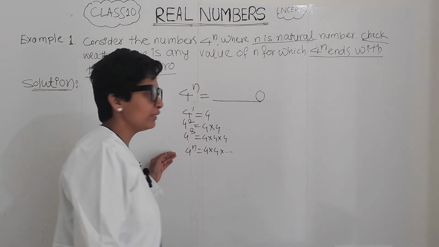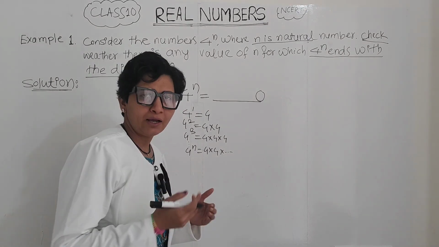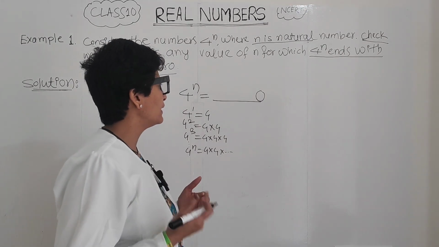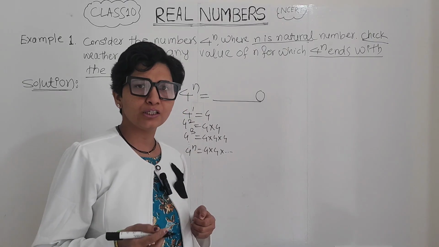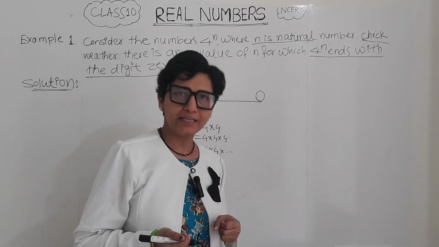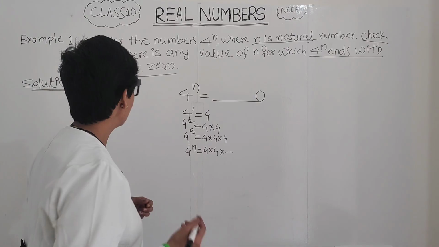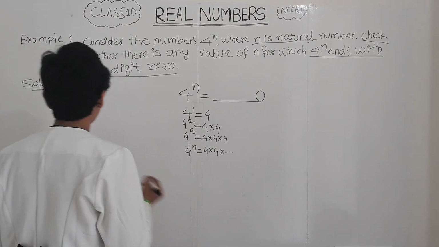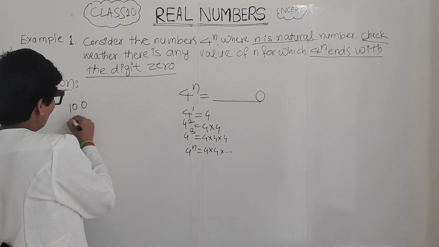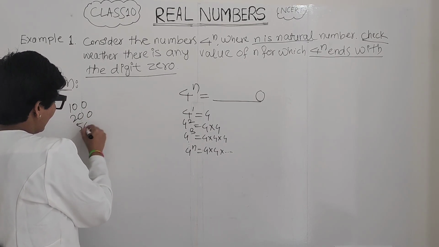And we know the divisibility property that any number that ends with 0 is divisible by 10. We will see some numbers that end with 0, like 100, 200, 500.